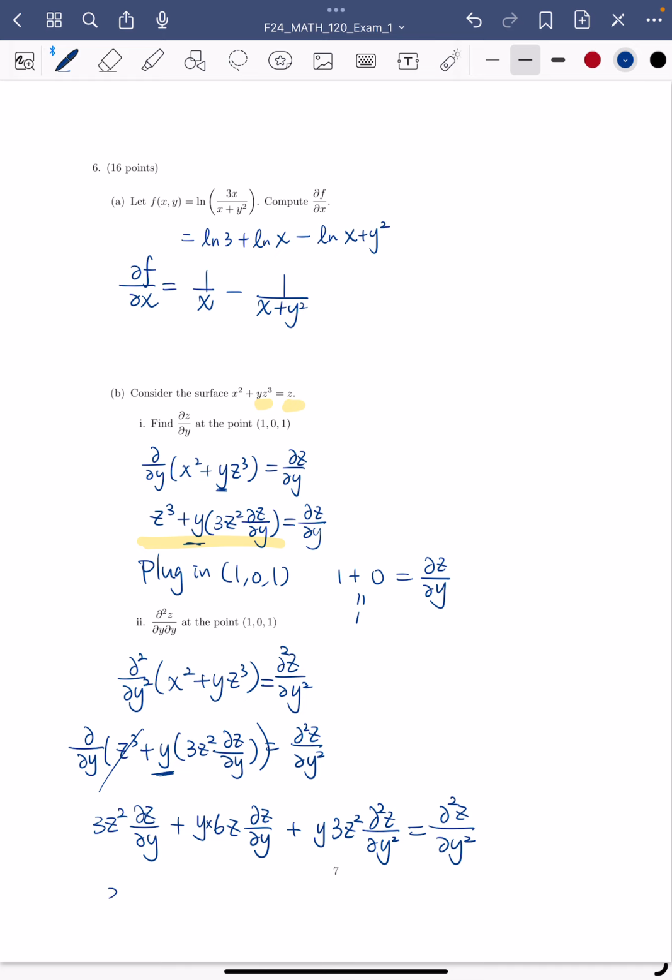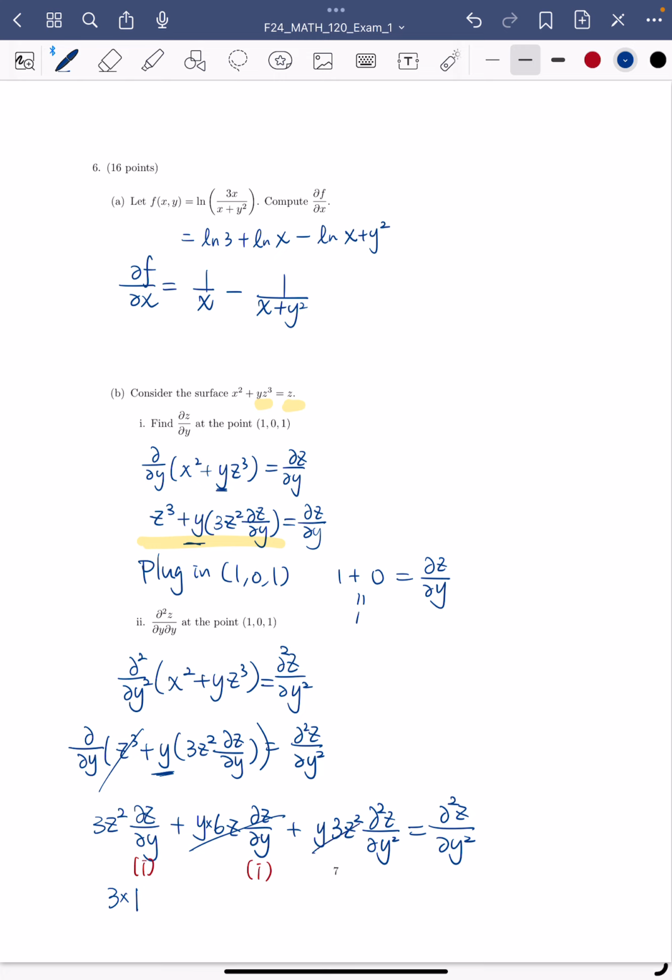So here we have 3 times 1. We computed this earlier. So from the first part we know this is 1. And we also know this. But if we plug in y equals 0, you don't have anything here. It goes to 0.